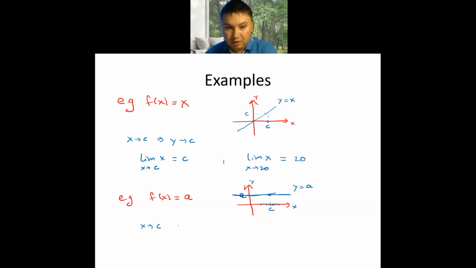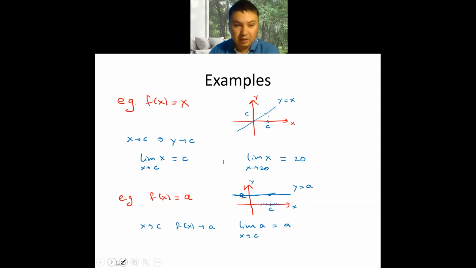So your f of x, which is y, is approaching a. It doesn't matter what C is. So the limit as x goes to C of a constant function a is a.